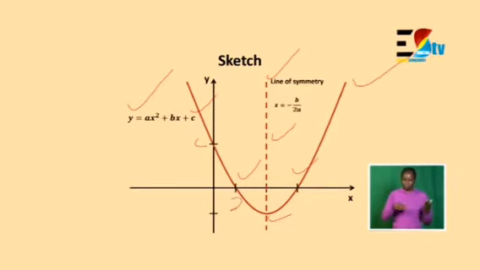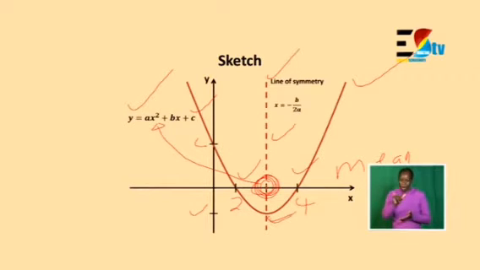Let's say this is 2, this is 4. It's easier to find the midpoint by just getting the mean of these 2 numbers. You get the x coordinate. Then for the y coordinate, you just substitute the x coordinate back there to get the y coordinate.